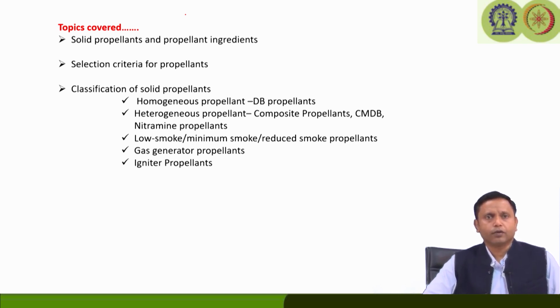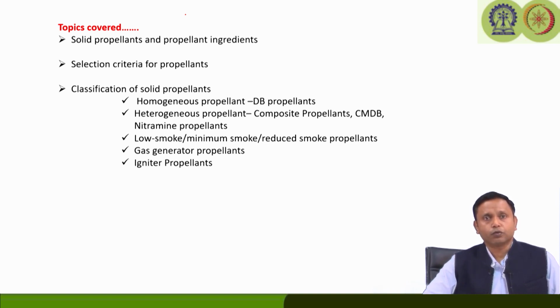We also talked about certain tactical missile applications where the smoke trail is a problem. So, there the low smoke or minimum smoke propellants are required. Generally, the propellant containing aluminum fuel creates some white smoke in the trail, because it converts to aluminum oxide, which creates this white smoke. Other ingredients, such as burn rate modifiers, certain oxide catalysts, and certain metal catalysts, may also create some smoke in the exhaust.